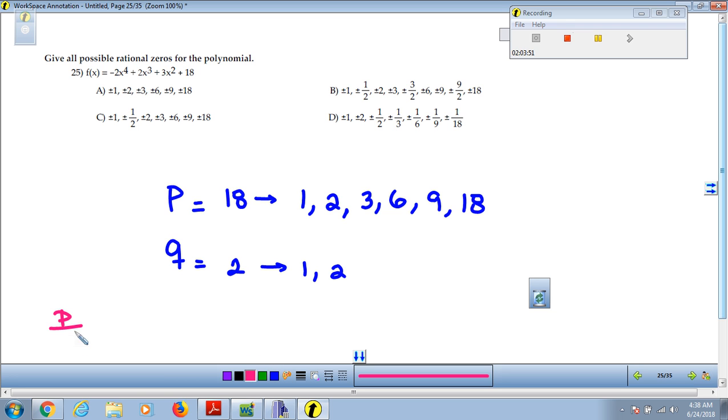So when you do P over Q, you're going to do 1 through 18 divided by 1, and then these numbers again 1 through 18 divided by 2. Any repeated number, you're not going to write it twice. 1 divided by 1 is 1, and then 2 divided by 1 is 2, 3 divided by 1 is 3.